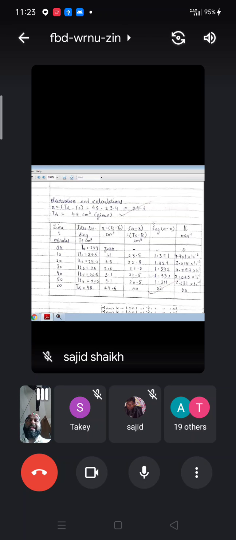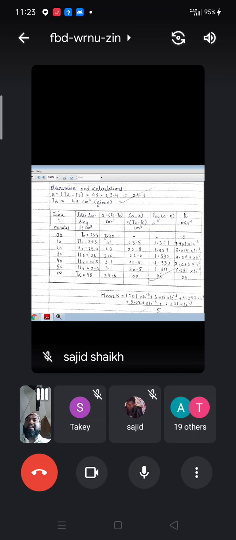How can we calculate K? The formula of K is given in the theory part. For the zero reading, T0 is 23.4, and after that Tt1, Tt2, Tt3, Tt4, Tt5, and the infinite reading is provided to you. You can calculate x by taking Tt minus T0. Then you can calculate a minus x, right?